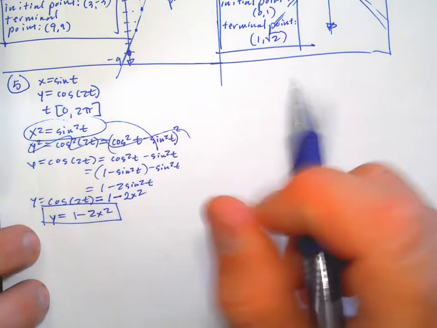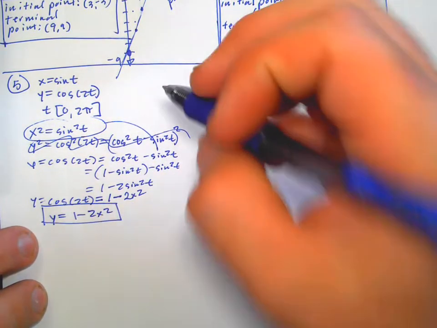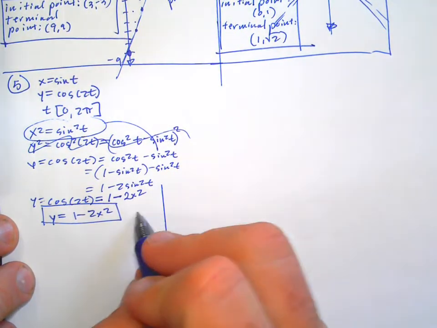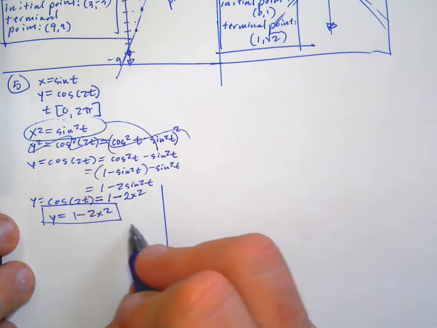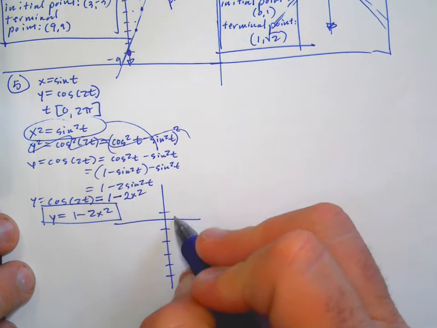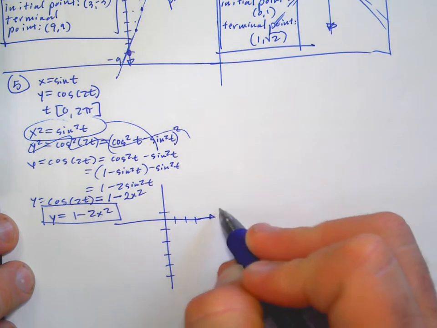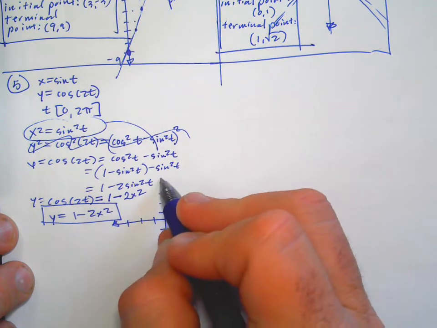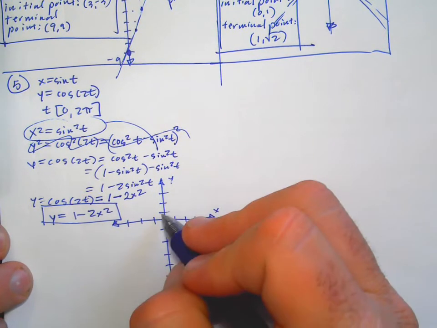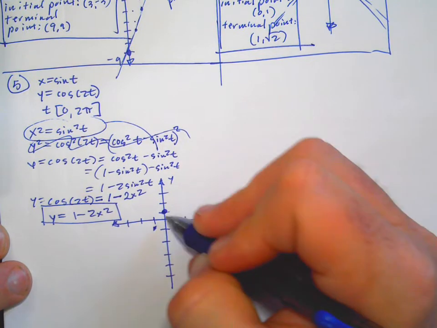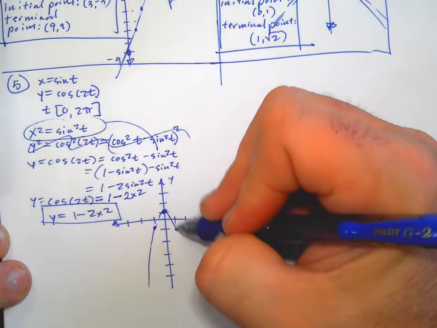It's going to be an upside down parabola that's been shifted up 1. So it kind of looks like this.